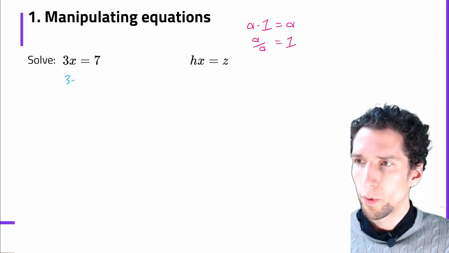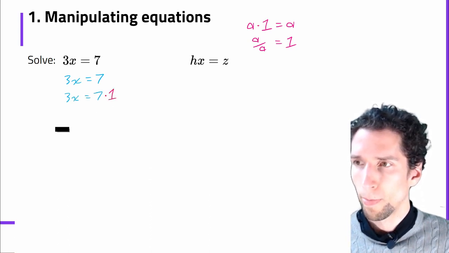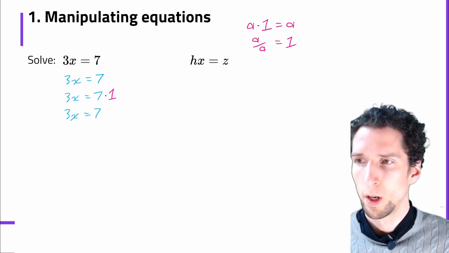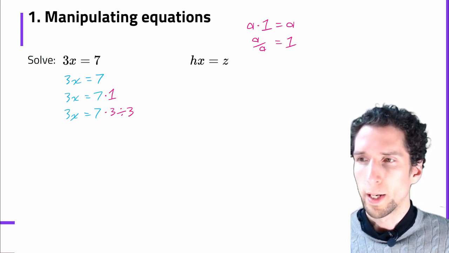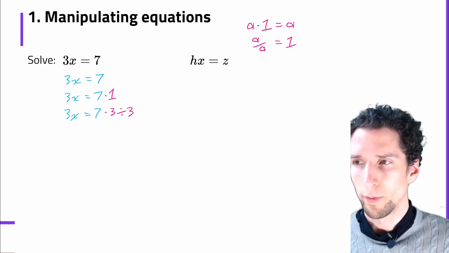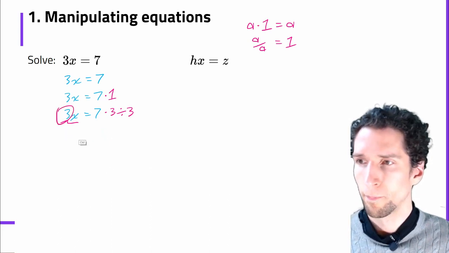So 3x equals 7, and we can do 3x is equal to 7 times 1. I don't want to multiply by 1. That's not really helpful. So let's multiply by 3 and divide by 3, keeping everything balanced. But then also we don't want to multiply by 3. We want to divide by 3 on both sides because we have a 3x and we want this 3 to go over to the right side.